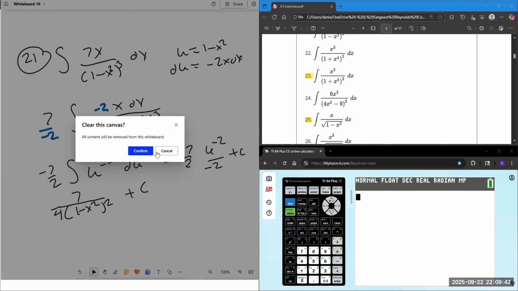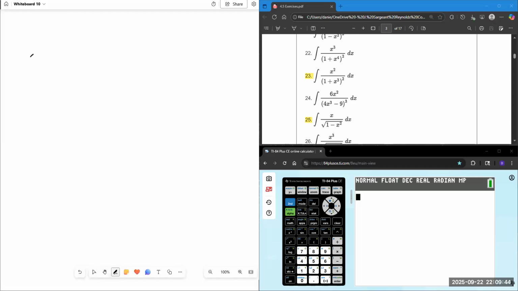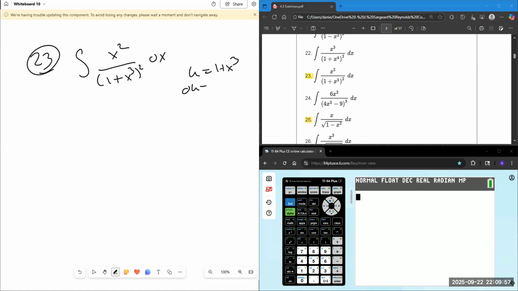23: the integral of x squared over 1 plus x cubed squared dx. U is 1 plus x cubed. Du is 3x squared dx.